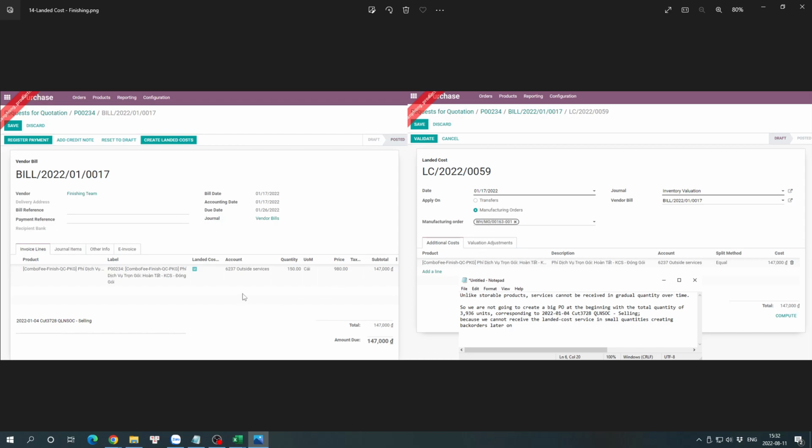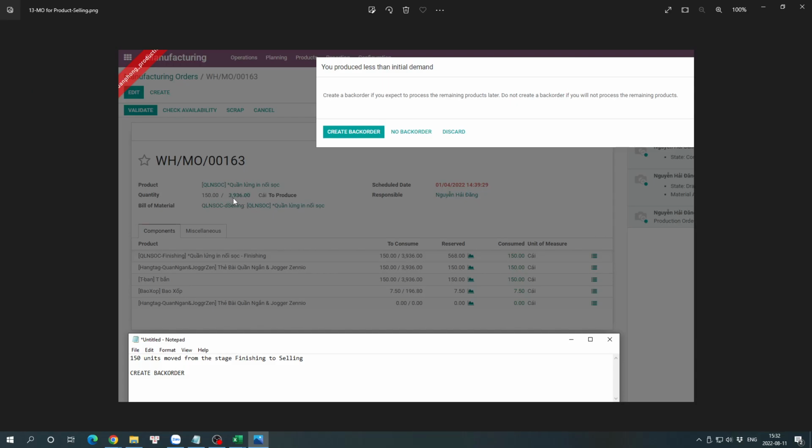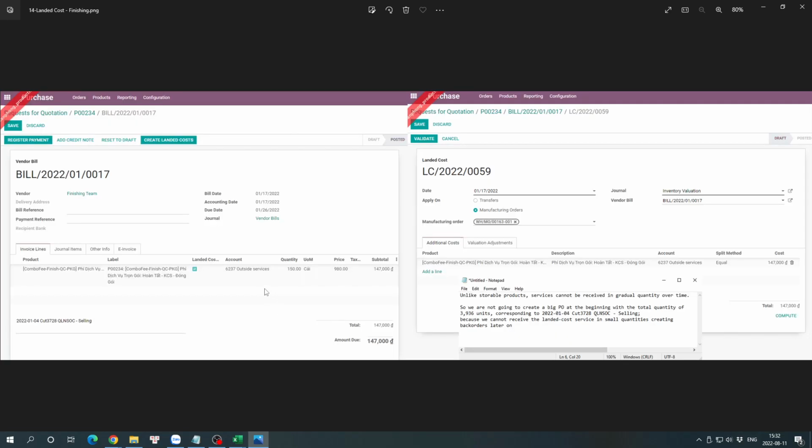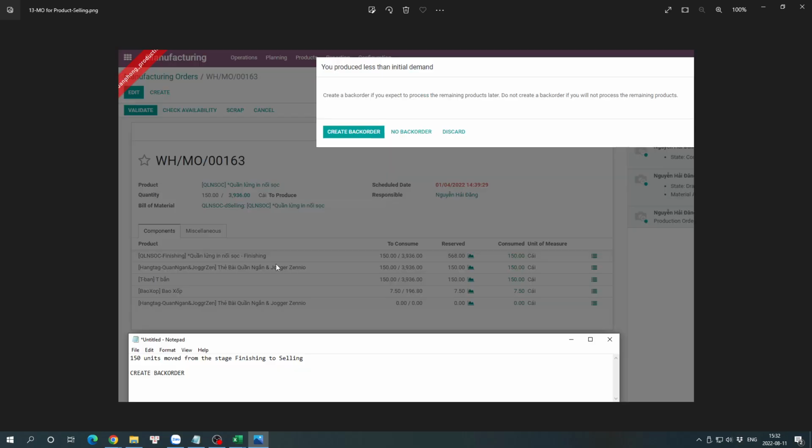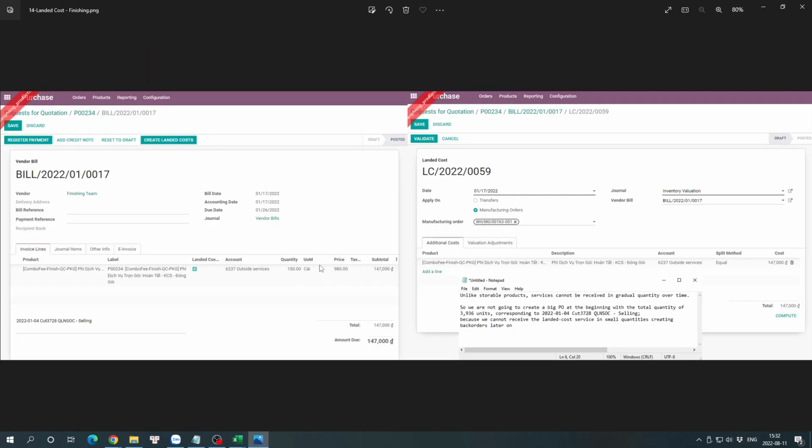I don't create from the beginning a big purchase order for the total quantity of 3936 and then match it by piecemeal, because unlike storable products, services cannot be received in gradual quantity over time. So that's the explanation. You can read it. So yeah, long story short, every time you receive output from manufacturing order, create a vendor bill and match landed cost to that team. This time is a finishing team.